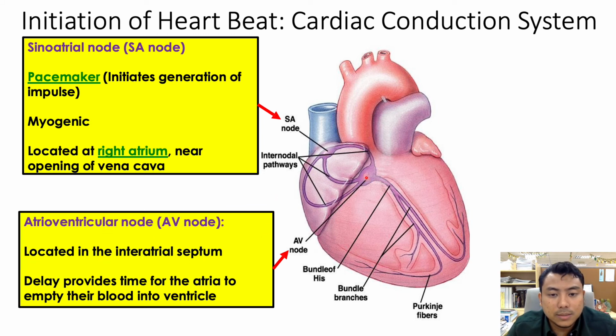Ini interatrial septum ni, septum dekat bahagian sini lah yang menghubungkan antara atria dengan antara atria. The delay provides time for the atria to empty their blood into the ventricle. Okay, sebenarnya the electrical impulse daripada SA node nak capai pergi ke AV node ini, dia ada delay, dilewatkan selama 0.1 saat.